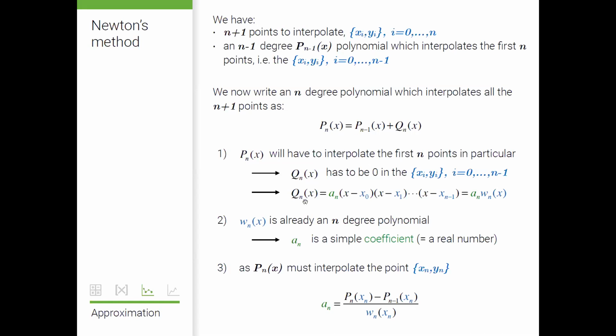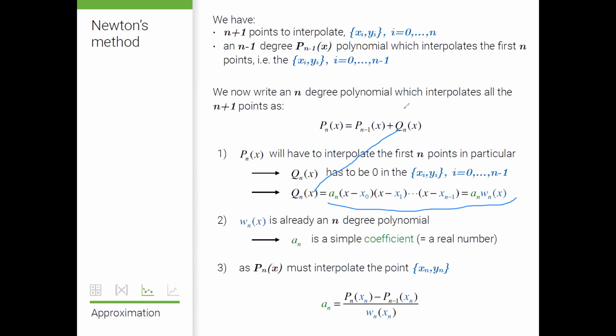But if it's not 0, in general, we can equate this to Qn of x. And you will get here this expression, an times Wn of x.